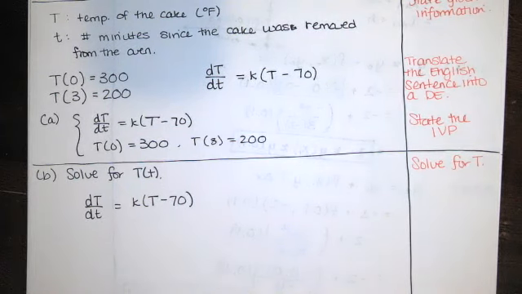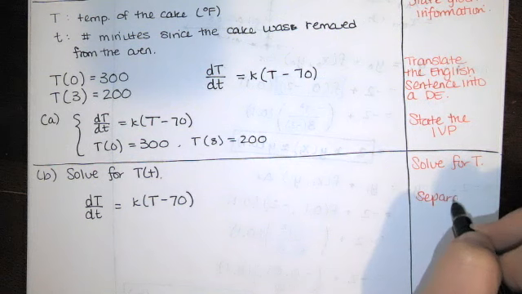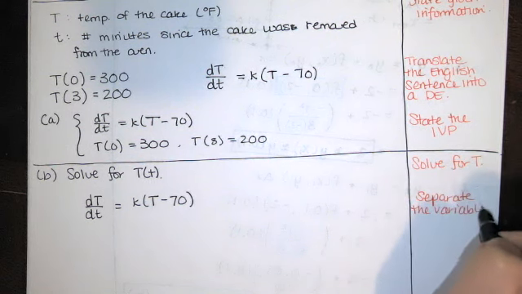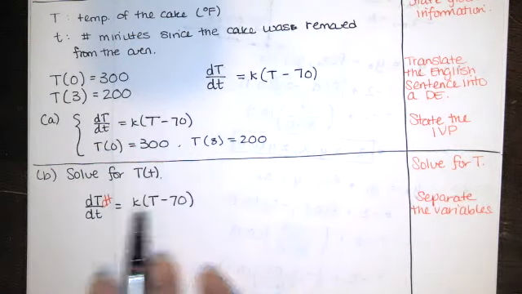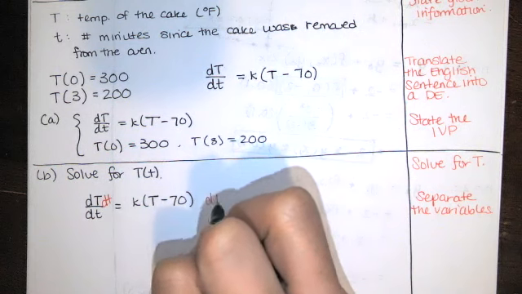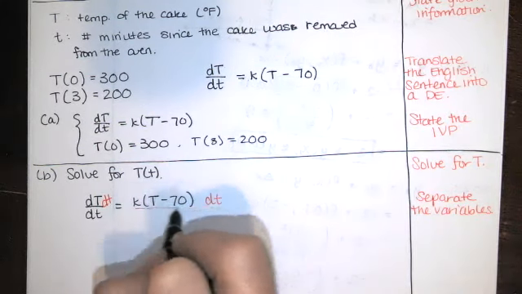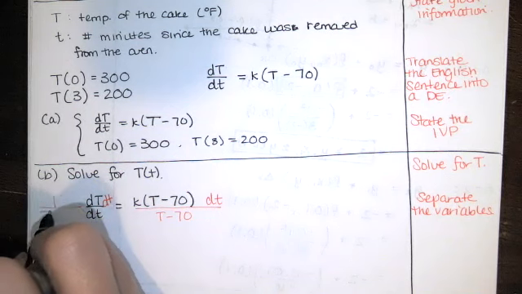That's separable. So we will separate the variables to solve. So to get the little t's on this side, I'll multiply both sides by dt. In order to get this capital T on this side, I will divide both sides by the expression T minus 70, or multiply by 1 over T minus 70.